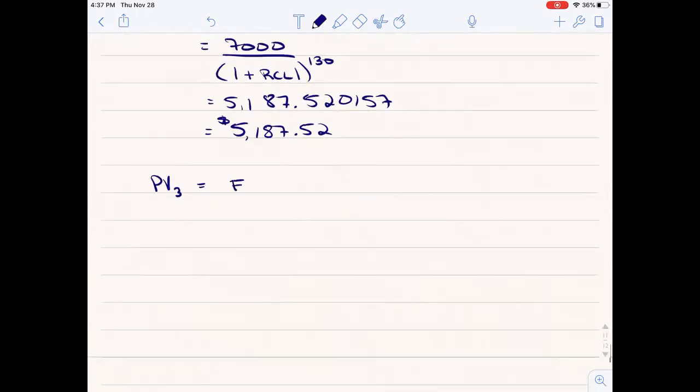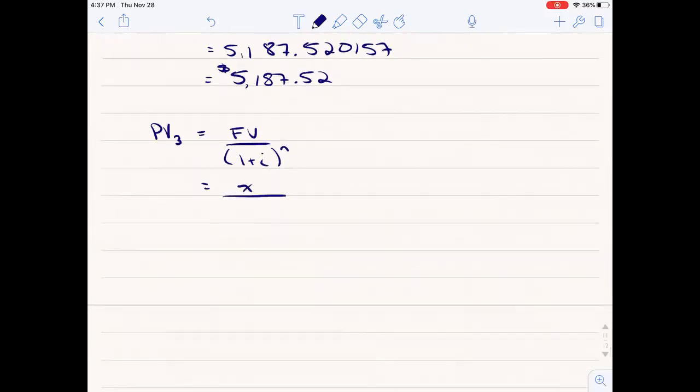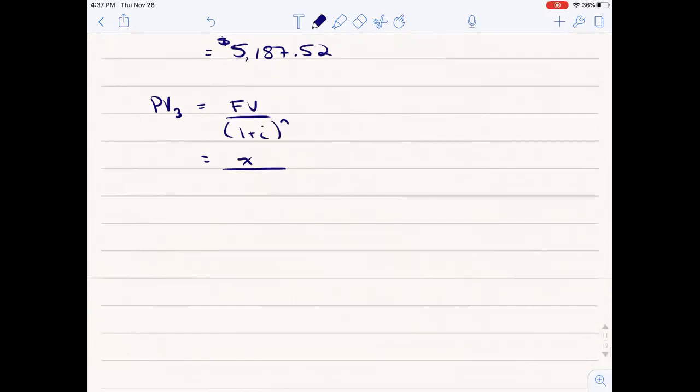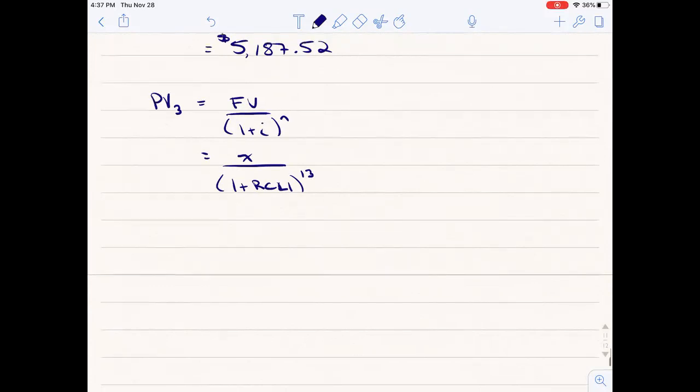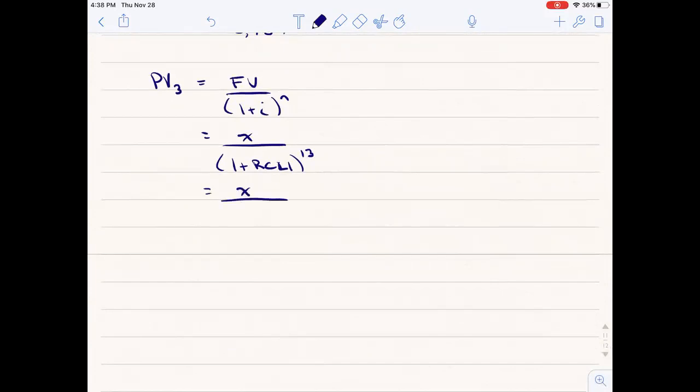PV3 is the future value over 1 plus i to the power of n. The future value here is just x over 1 plus recall 1 to the power of 13. 1 plus recall 1 to the power of 13. x is over 1.03041892. That's technically 1 over that times x, right?